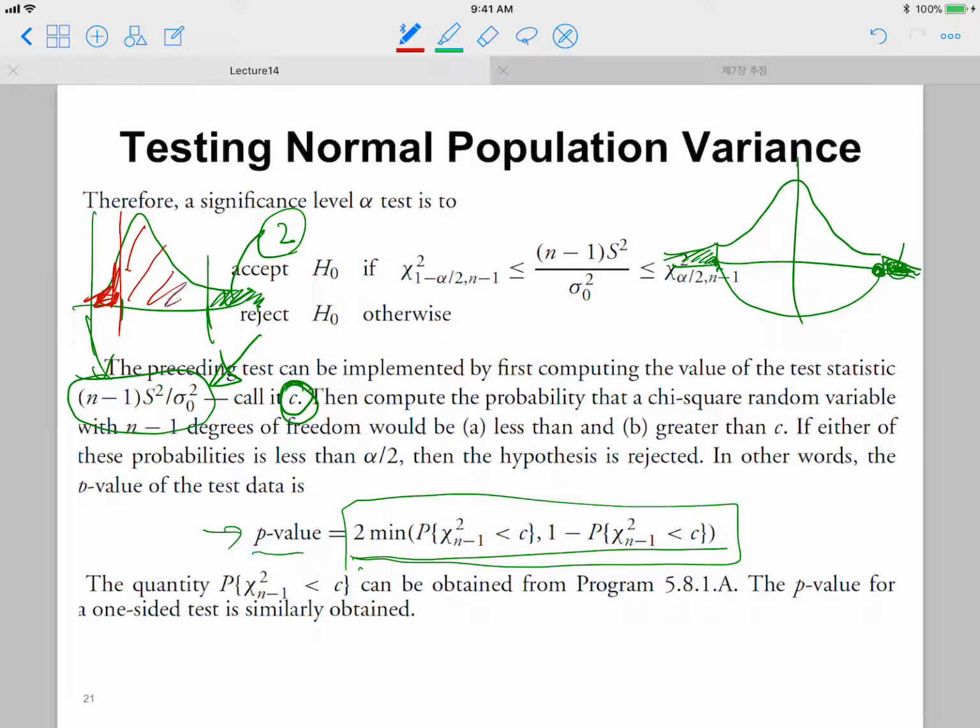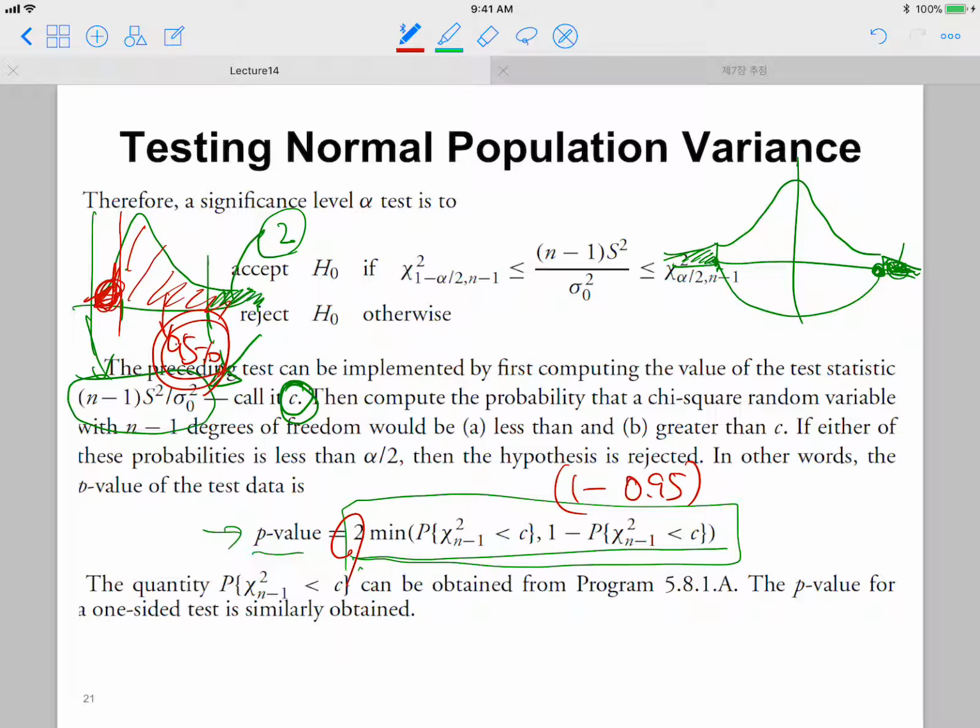This representation was found to be more than 50%. Let's suppose this probability was found to be 95%, for example. Then this part will be 5%, and thus the p-value will be 10%, right?